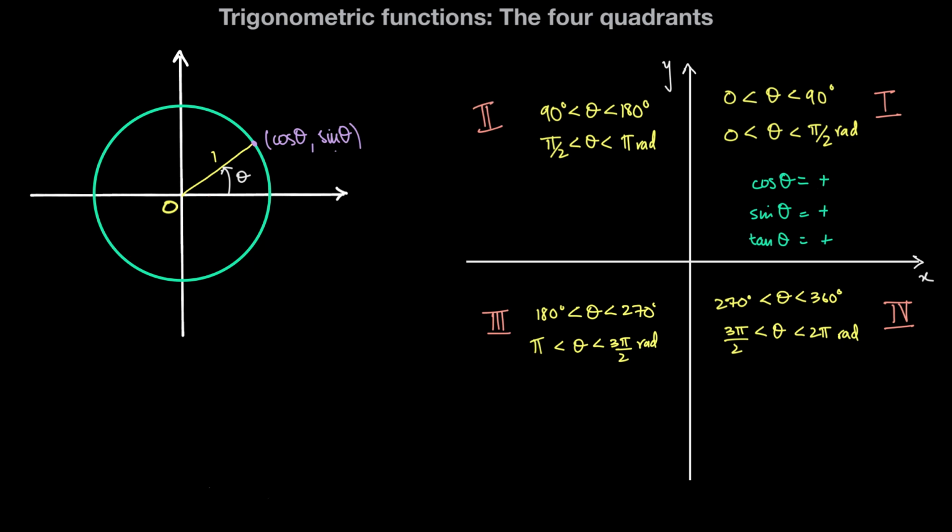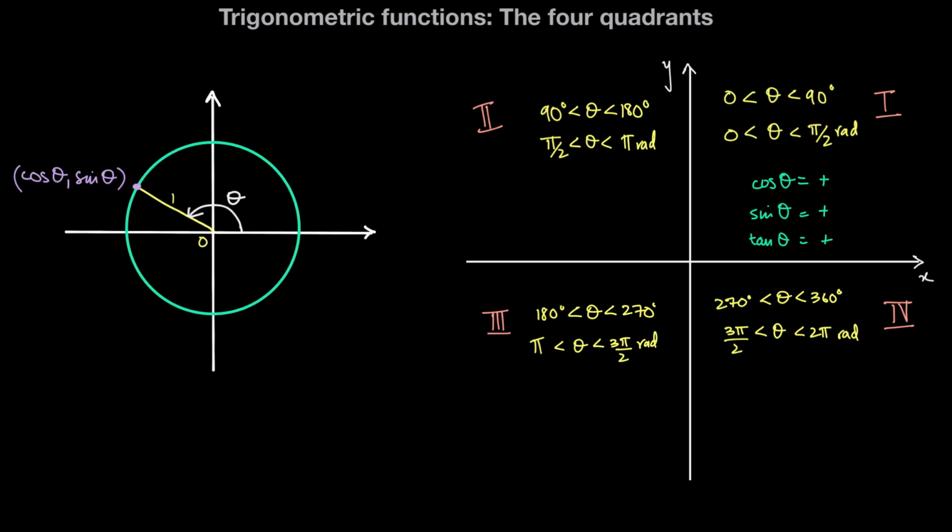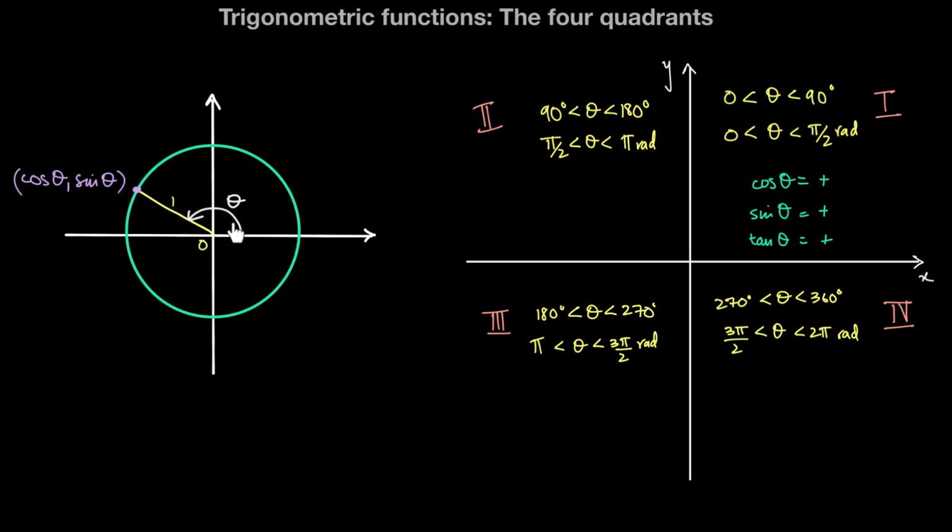Now let's say that instead of having theta between 0 and 90 degrees, or between 0 and pi over 2 radians, we have an angle theta that's between 90 degrees and 180 degrees, or between pi over 2 and pi radians.